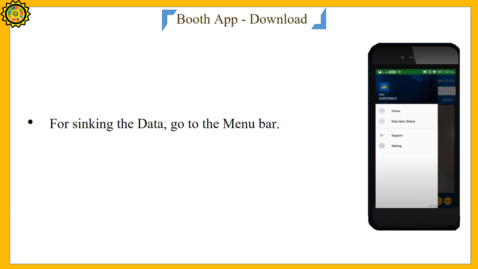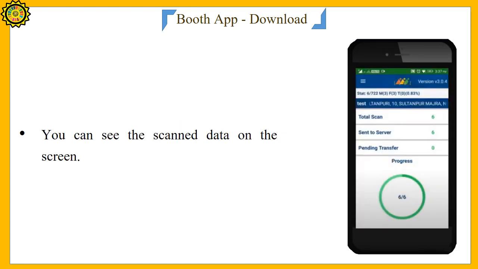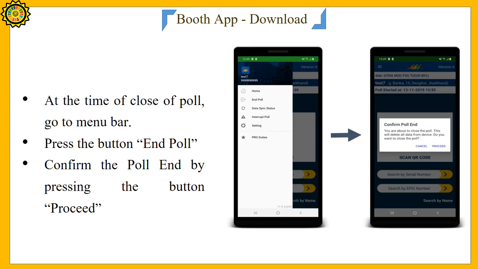For syncing the data, go to the menu bar. You can see the scanned data on the mobile screen. At the time of close of poll, go to the menu bar. Press the button End poll.